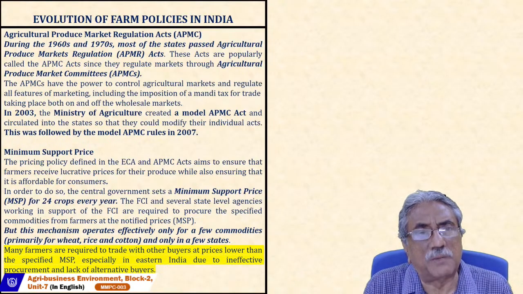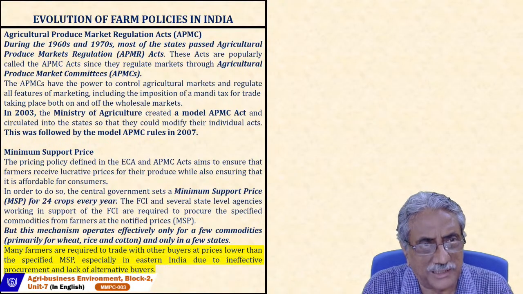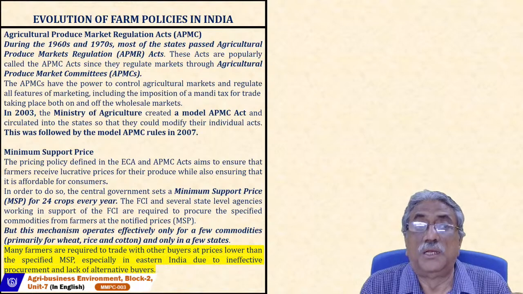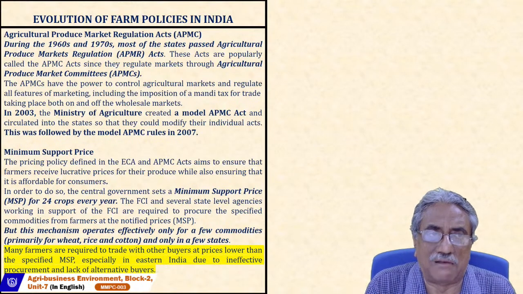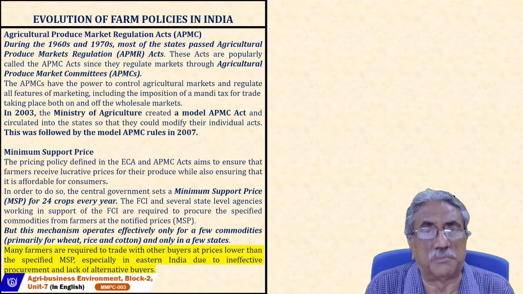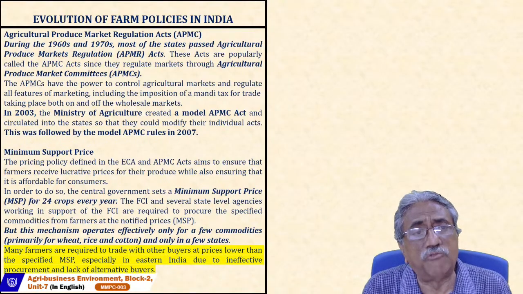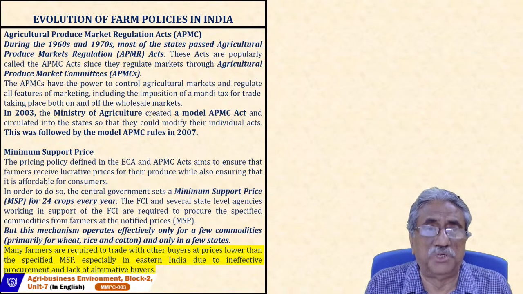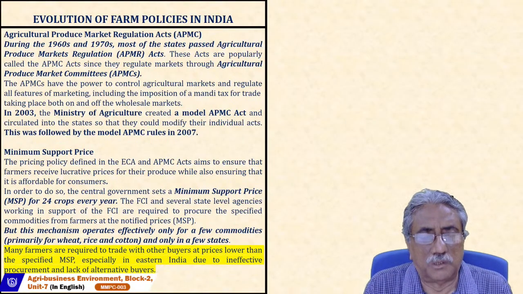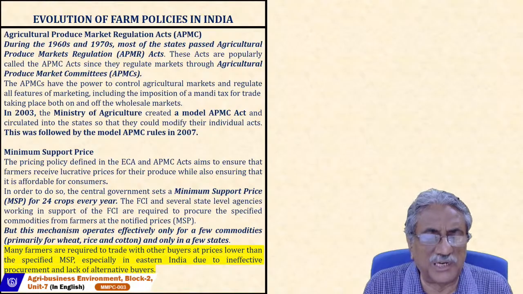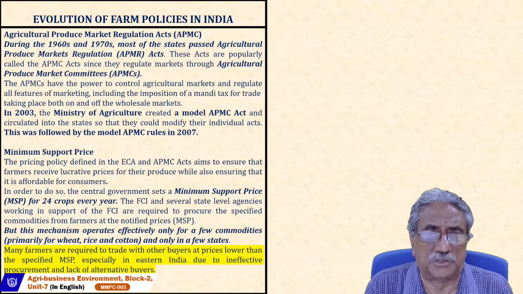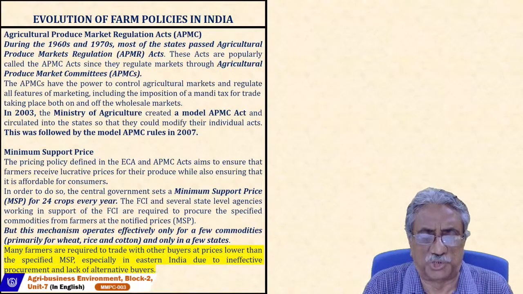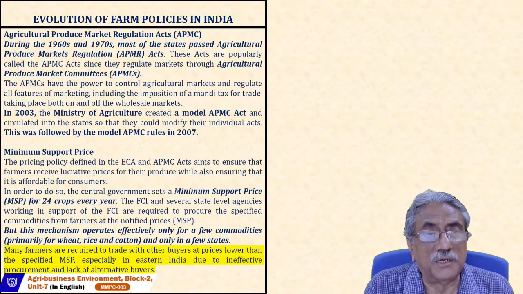So APMCs have the power to control the agriculture market. Note this point. These committees have the power to control the agriculture market and regulate all features of marketing, including imposition of a mandi tax for trade, because the mandi should not be a burden on the state. So there will be a token tax charged on how much you are selling in the mandi.